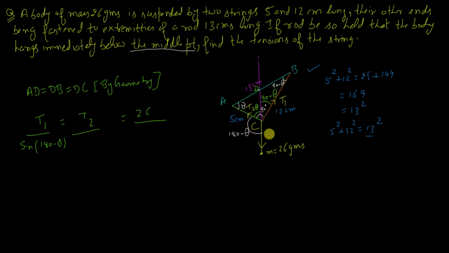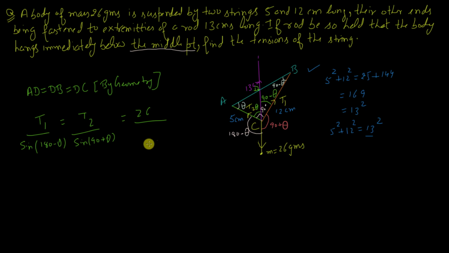Fine. What about T2? T2, angle between T1 and 26. This angle is 90 minus theta. So when 90 minus theta is subtracted from 180, we are left with 90 plus theta. So this angle will be 90 plus theta. So this will be sine 90 plus theta. 26, angle between this CA and CB is 90 degree.